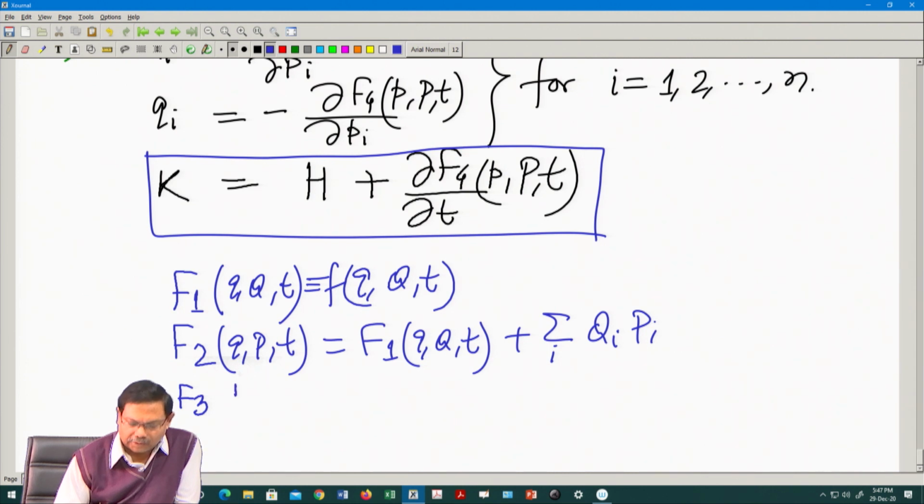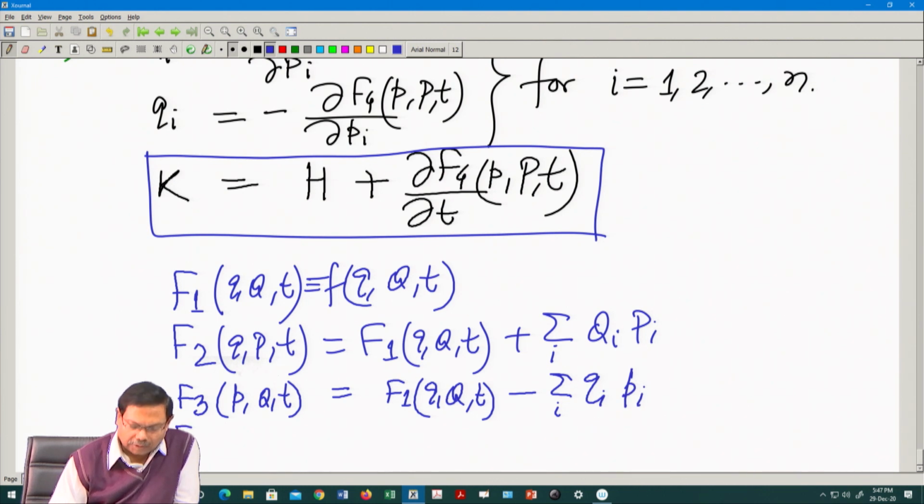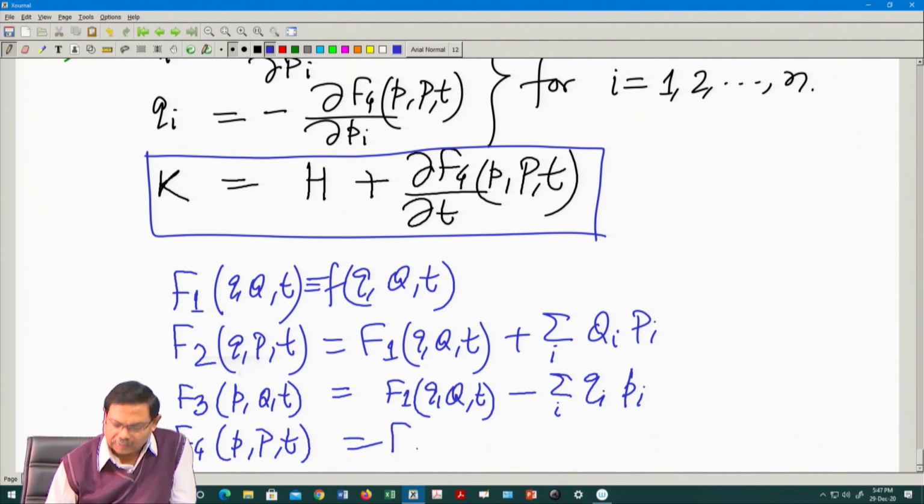F3 was a function of p, Q and t, it was F1 of q, Q and t minus sum over q_i p_i, and F4 was this function, which was F2 of q, P and t minus sum over q_i p_i.